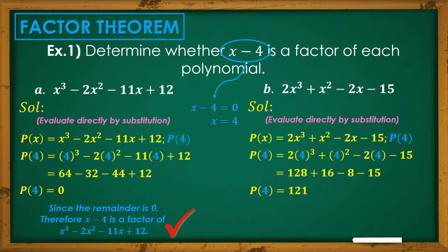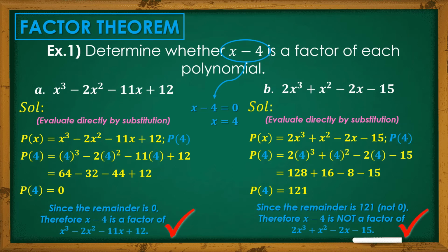And by solution, p of 4 equals 121. Since the remainder is 121, not 0, therefore x minus 4 is not a factor of 2x cubed plus x squared minus 2x minus 15. This is how we use the factor theorem to determine whether a divisor is a factor of the polynomial.